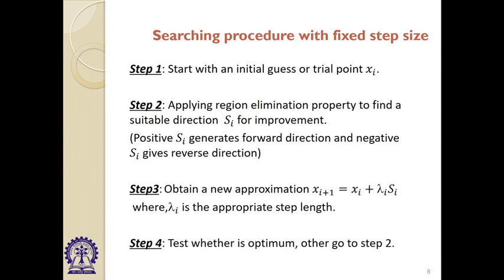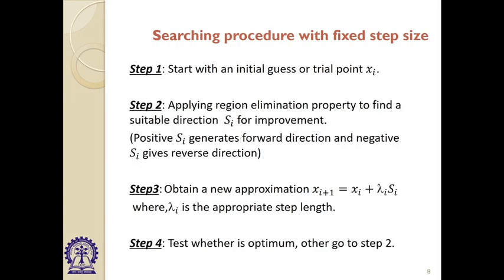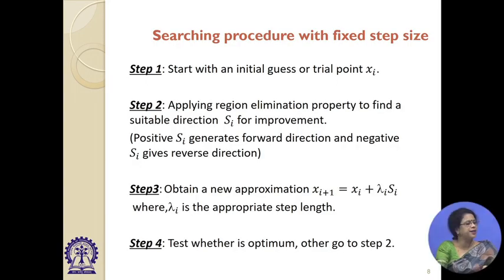Let us look at how we proceed. We are starting from the point x i. Initially we are setting i equal to 0. Now whether I will move to x 1 on the left or x 1 on the right, we have to select that. That is why we are moving to step 2, which says to find a suitable direction S i. S i is positive if I move to the right, S i is negative if I move to the left.